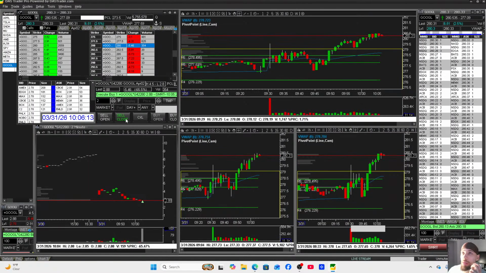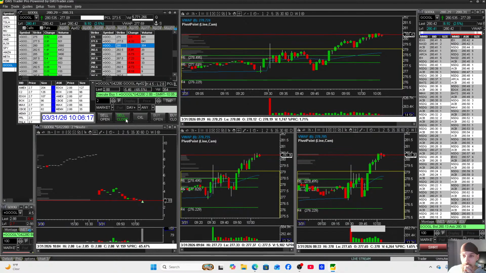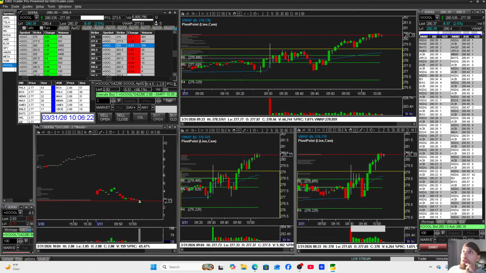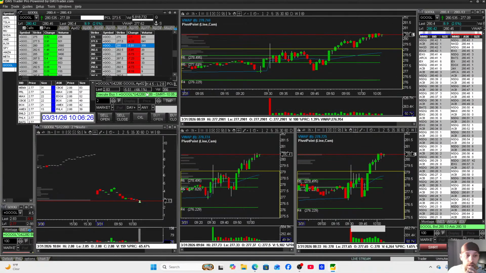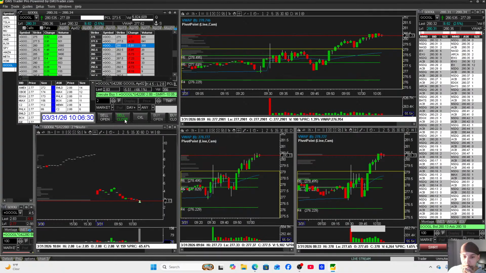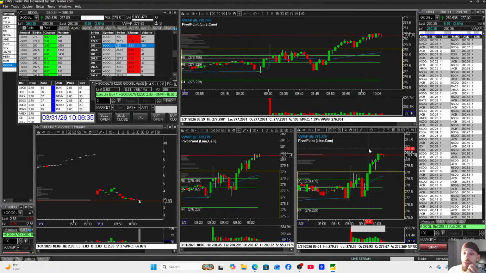Lots of liquidity right up here. See if we pull back. There's big sellers there, but it got bought up. Volume's dying down drastically here.